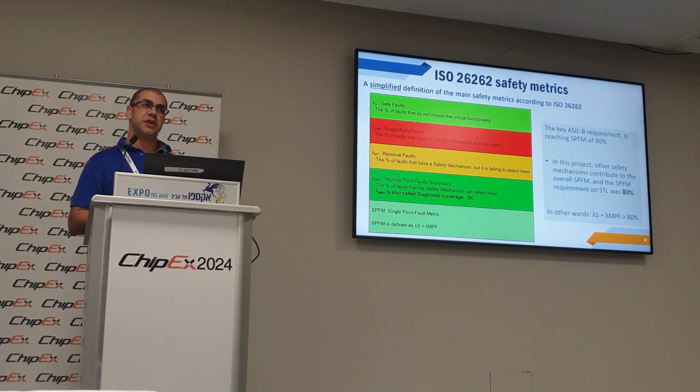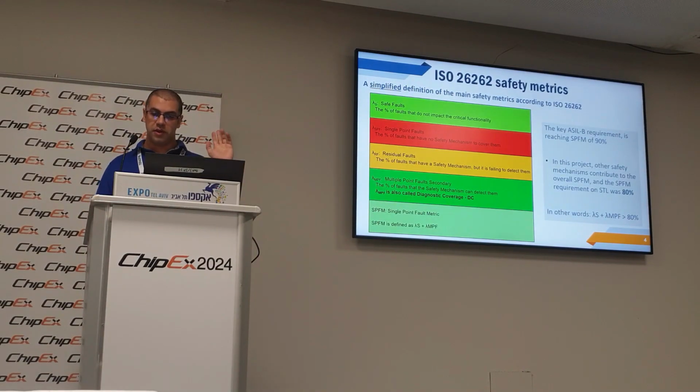Since this IP also includes hardware safety mechanisms, when we do the combination, the need for the STL is to reach 80% coverage. So in this scenario, our focus will be to reach above 80% for the STL alone.